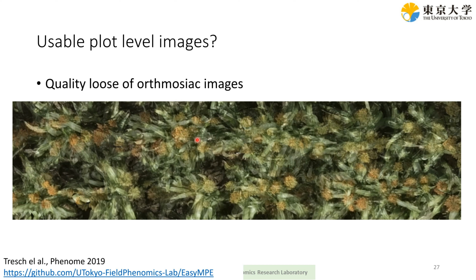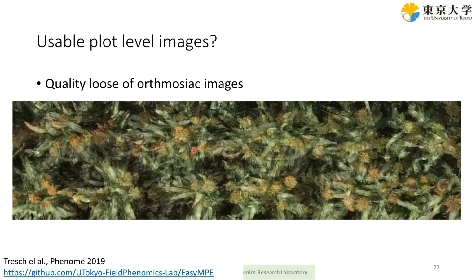To simplify my answer, if I do the head detection of the sorghum, I will use the raw images, not these big orthomosaic images. But if I'm just calculating the growth curves, I will use the orthomosaic images because it saves a lot of time. Is that okay? Yeah.